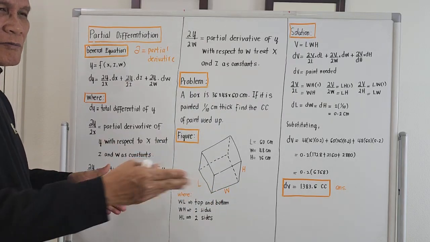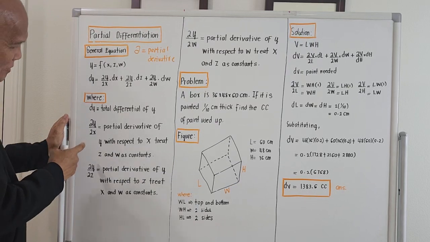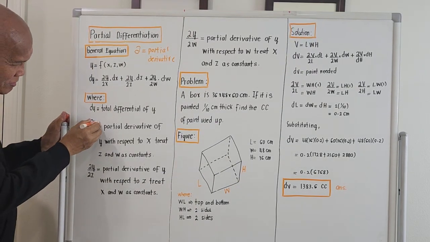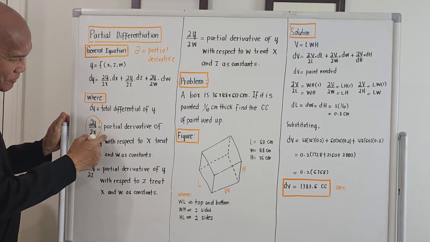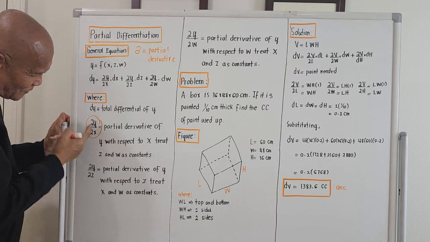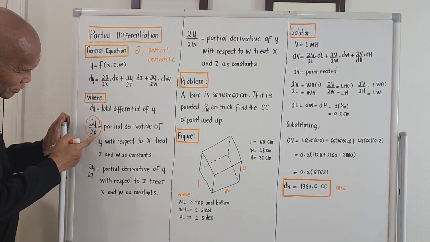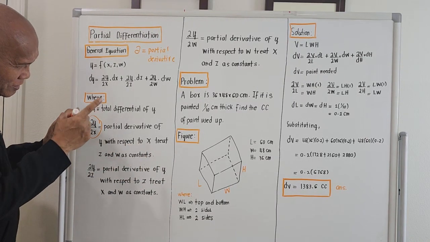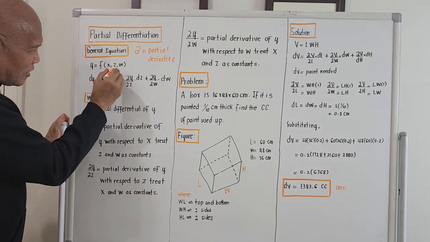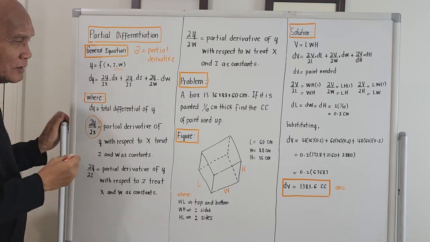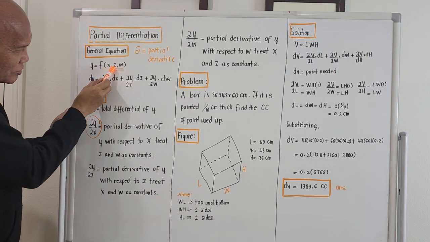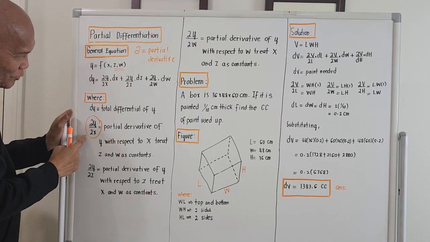Total differential means increment, if we are solving increment. If we try to read this one, it should be read the partial derivative of y with respect to x. Treating z and w as constant. If you are differentiating with respect to x, treat z and w as constant for the first one.